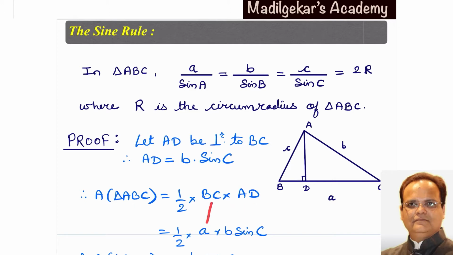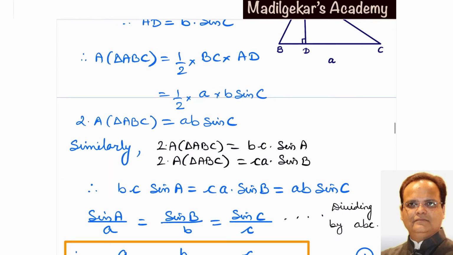The length of BC is a, and the length of AD is b sin C. This means twice the area of triangle ABC equals ab sin C.